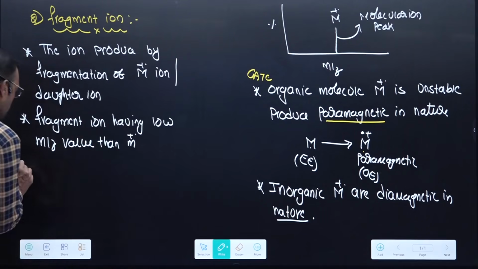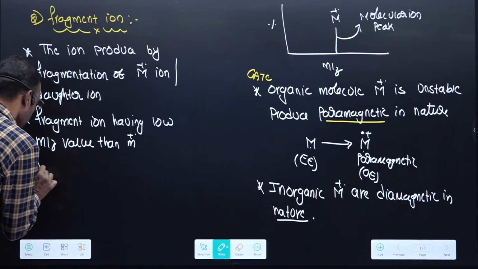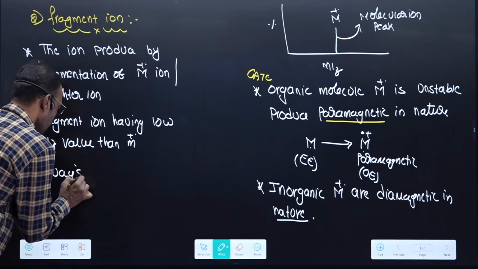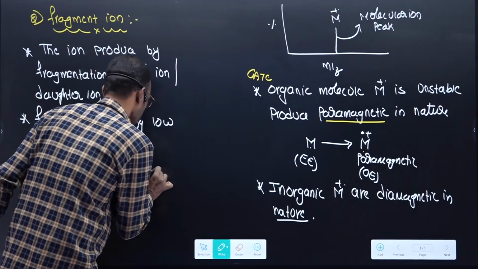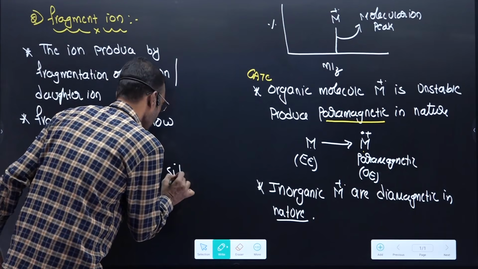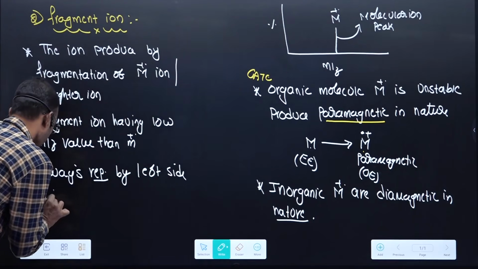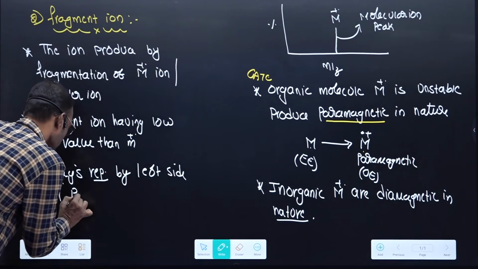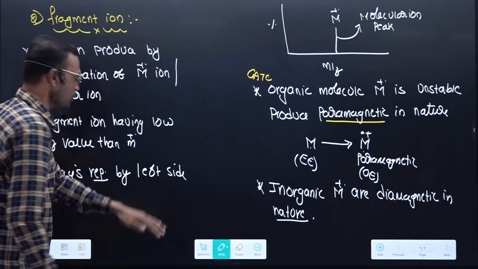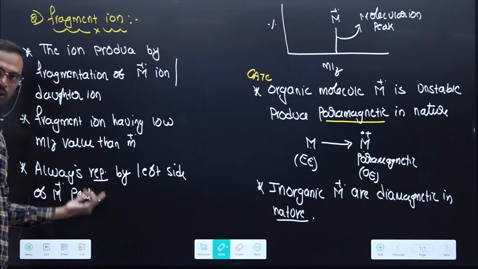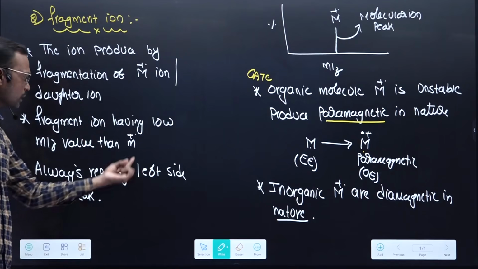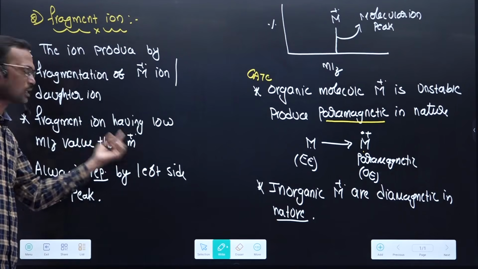So always they are represented on the left side of the molecular ion peak. Always fragment ions are represented on the left side of the molecular ion. On the right side of the molecular ion, different peaks are represented, but fragment ions are always represented on the left side, because fragment ions have a lower m/z value as compared to the molecular ion.